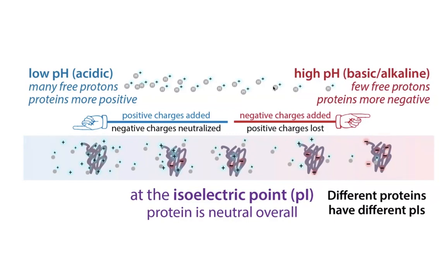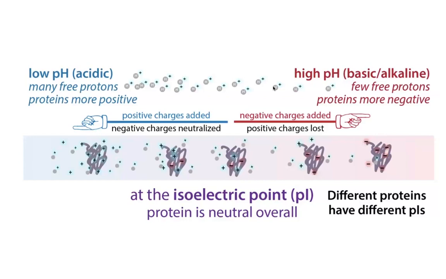So we can think about the PI and the pKa similarly, in that if we're at a pH above that value, we're more likely to have things be deprotonated. And if we're at a pH below that value, we're more likely to have things be protonated. But there's a distinction because the pKa tells you about a single site: is it more or less likely to be protonated or deprotonated?